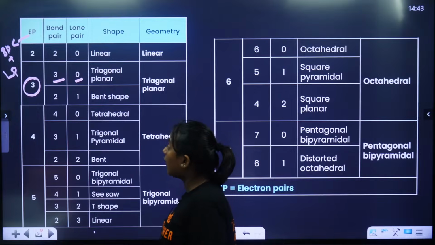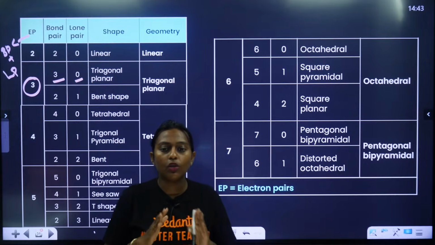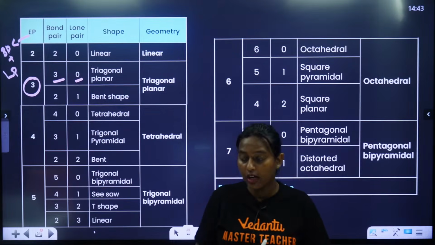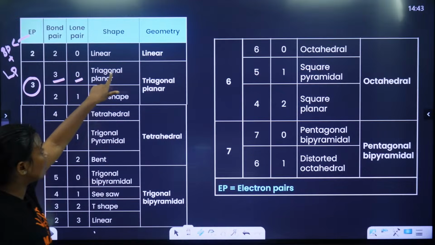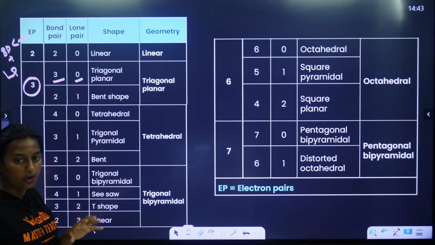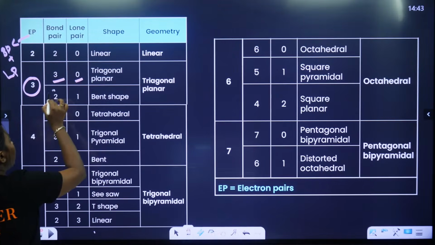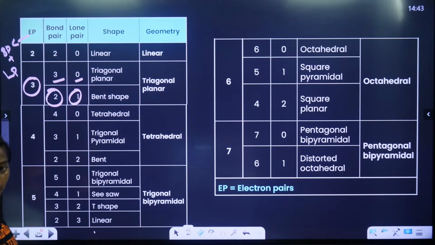Lone pair is 0 means the shape and geometry are the same: trigonal planar. I will draw the structure properly, don't worry. The next case is bond pair 2 and lone pair 1.